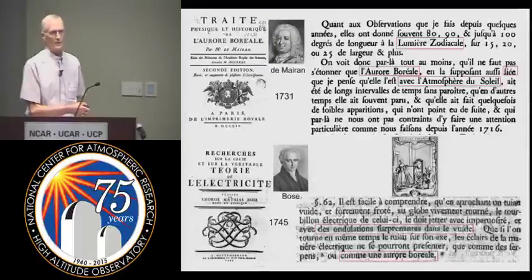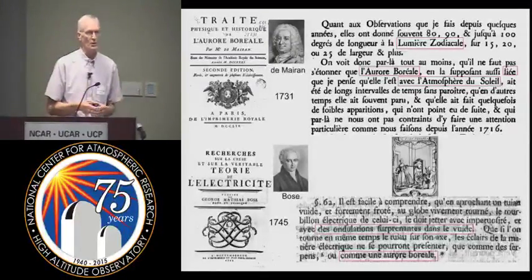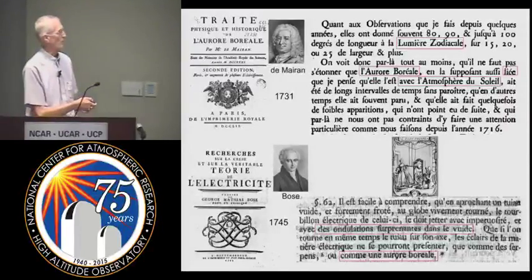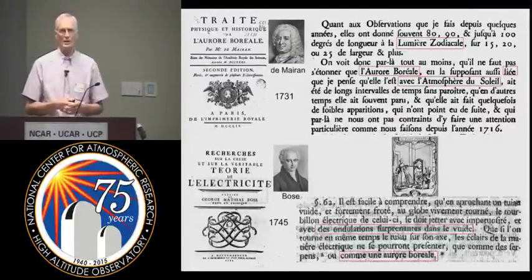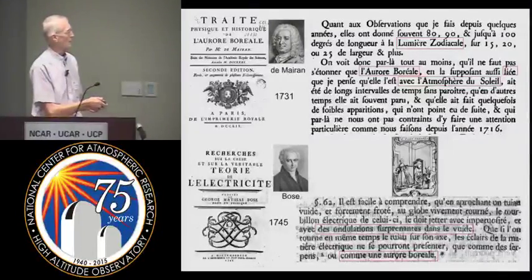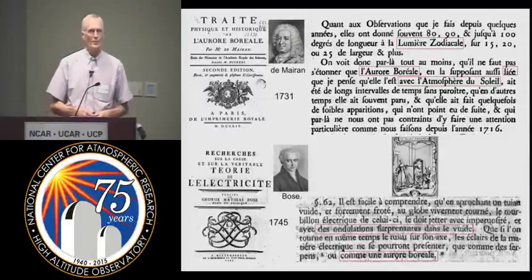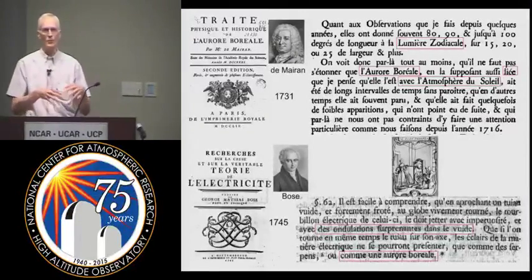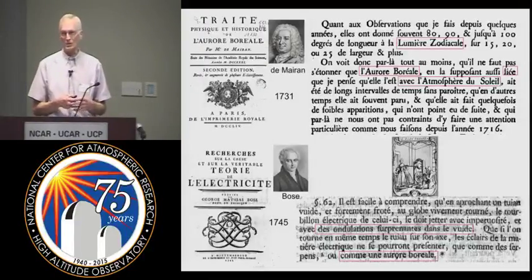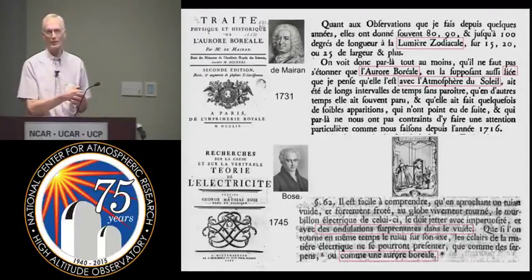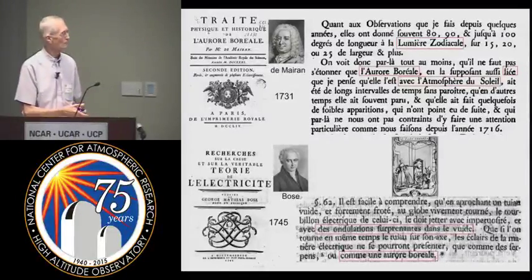He connected an evacuated tube to his machine and noticed that there were interesting sinuous glows in the tube that looked quite a bit like the aurora borealis. So people were making the connection that if you have a very low density gas, like an evacuated tube or like the upper atmosphere, there's probably something electrical going on.